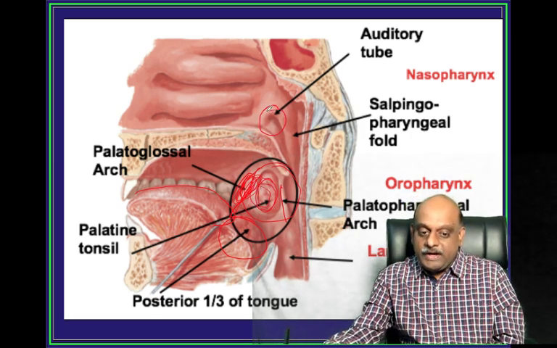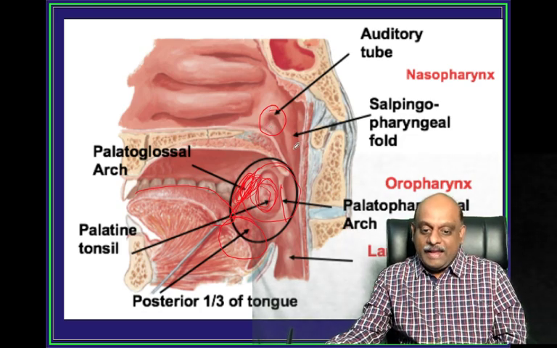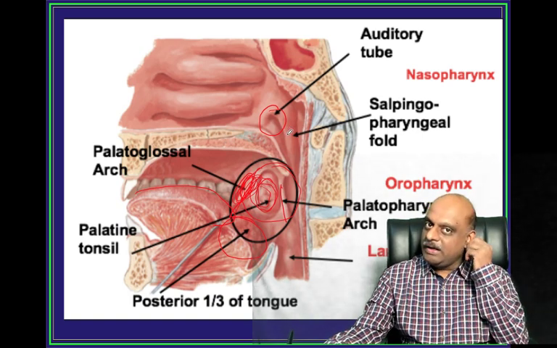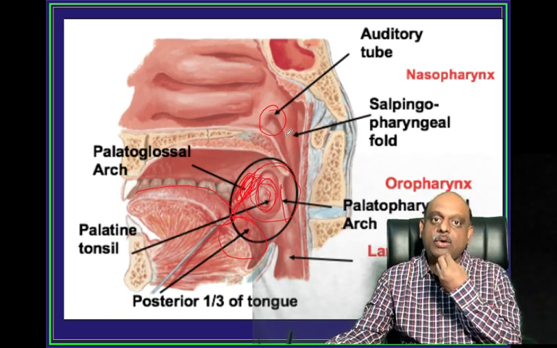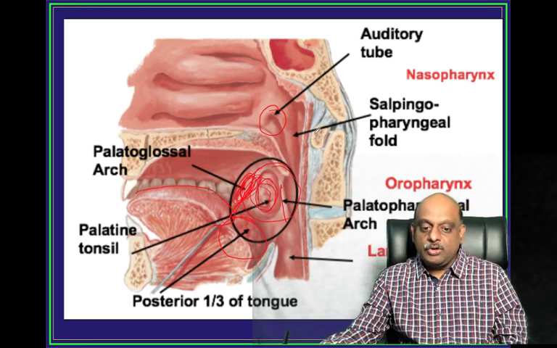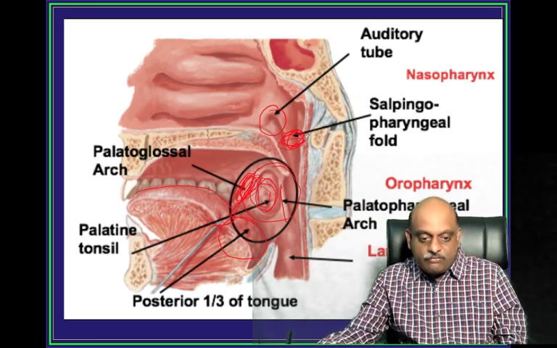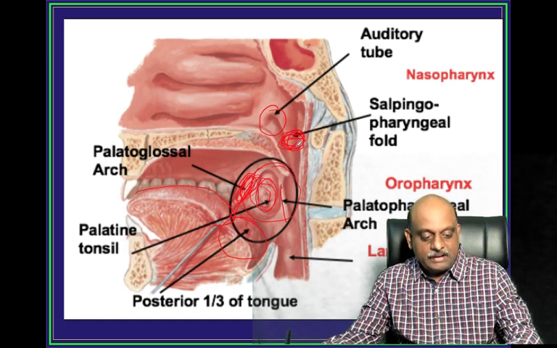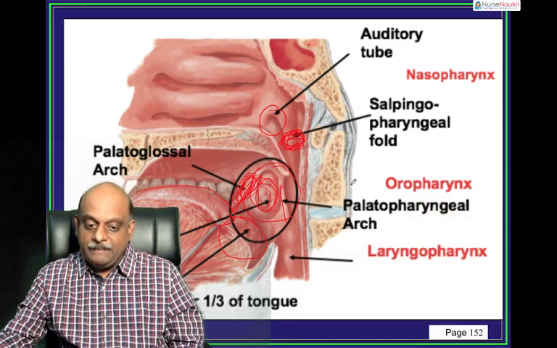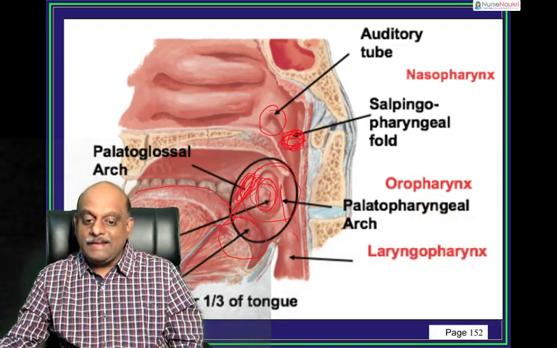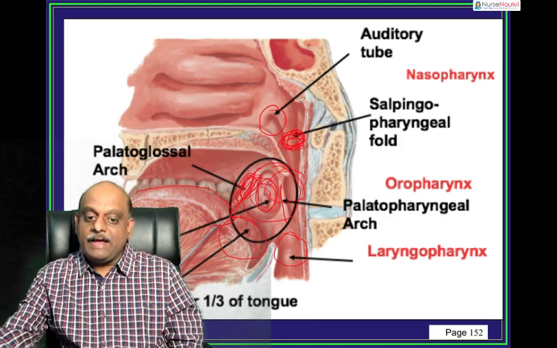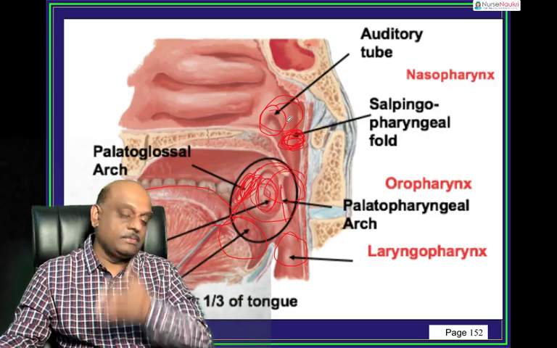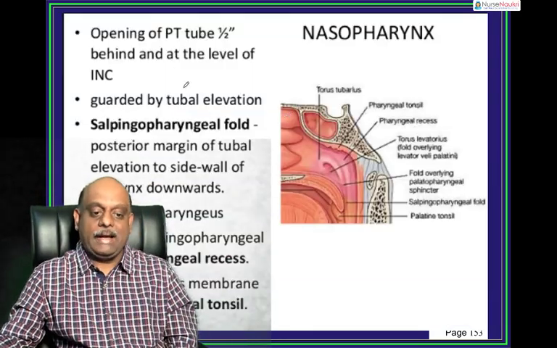Then the auditory tube, the eustachian tube, which is connecting the ear with the mouth. You have the salpingopharyngeal fold, which is located over here. You can also see that the laryngopharynx, the oropharynx, and the nasopharynx are like a continuum, is what you should remember.